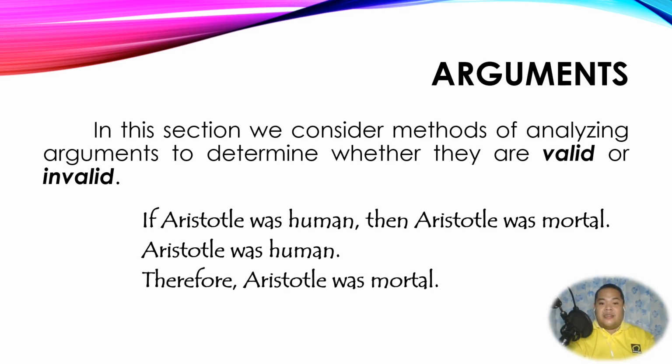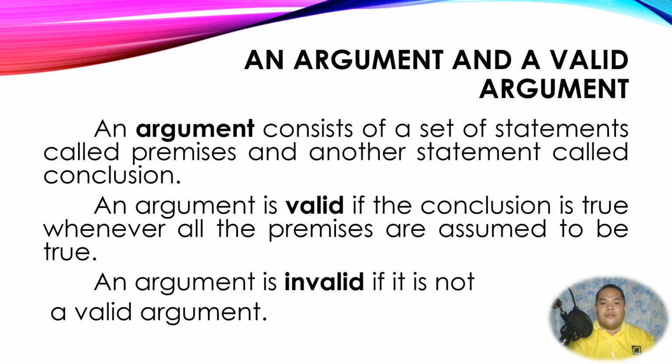Is this argument valid? An argument consists of a set of statements called premises and another statement called conclusion. An argument is valid if the conclusion is true whenever all premises are assumed to be true. And an argument is invalid if it is not a valid argument.